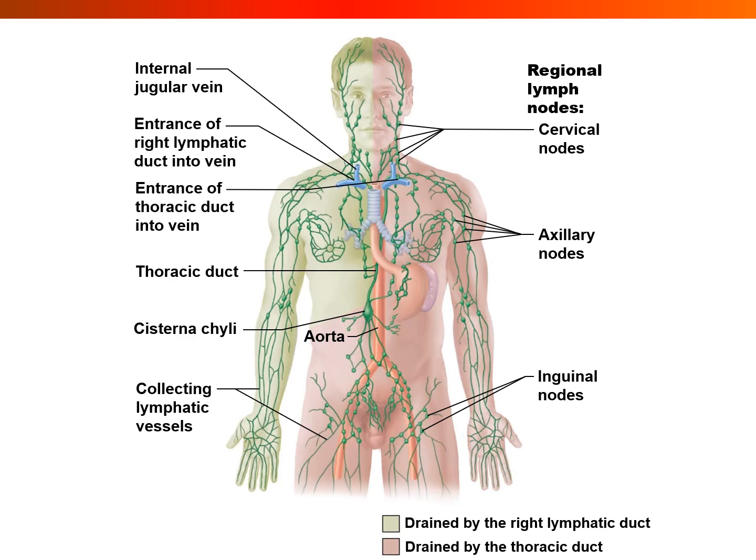But whether it's there or not, the fluid that's coming from below the waist is going to make its way into that central thoracic vessel and then ultimately to the thoracic duct, where that gets attached to the left subclavian vein, and then enters the blood supply.